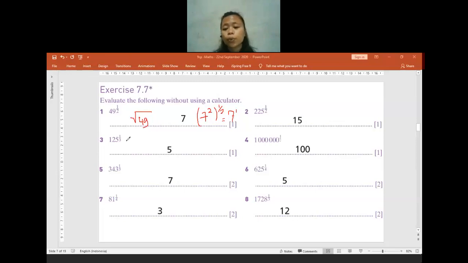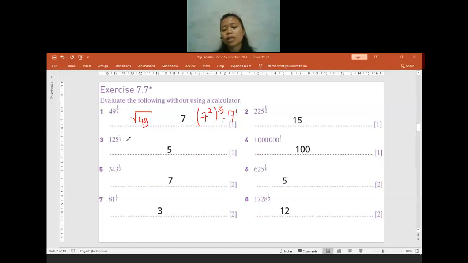So for 225, it will be the square root of 225. And then 125 to the power of 1 per 3, so it means the cube root of 125. For question 4, the number is to the power of 1 per 3, so you have to find the cube root of 1 million. For question 5, you have to find the cube root of 343.